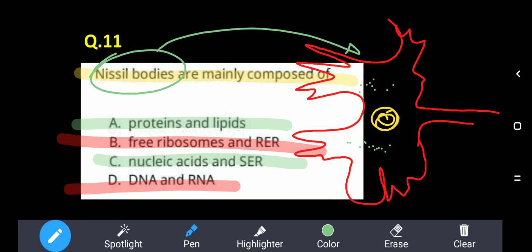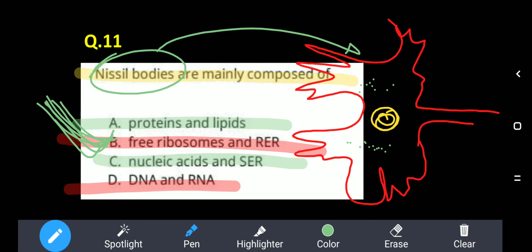They are made up of rough endoplasmic reticulum and free ribosomes. They are composed mainly of RER and free ribosomes, so they are called Nissl bodies. We are going to move on to the next question.